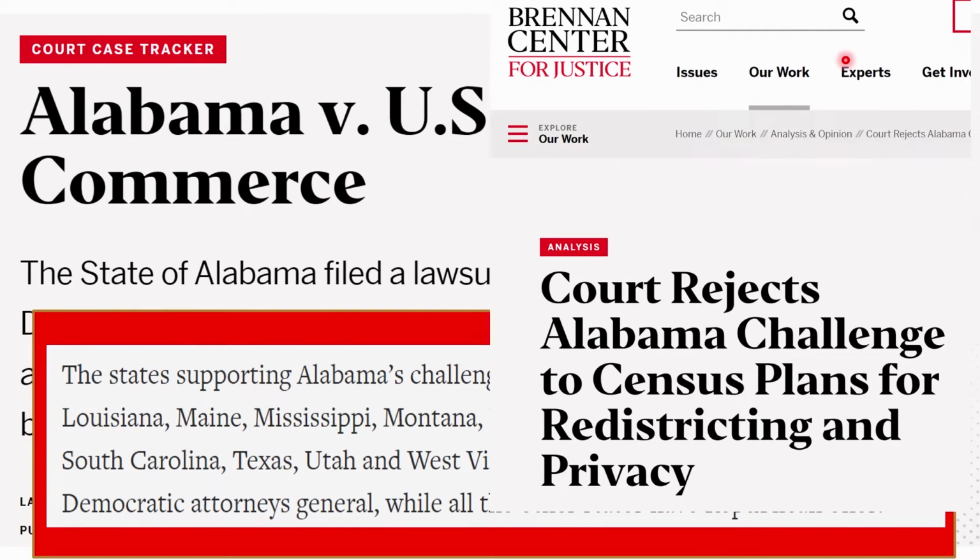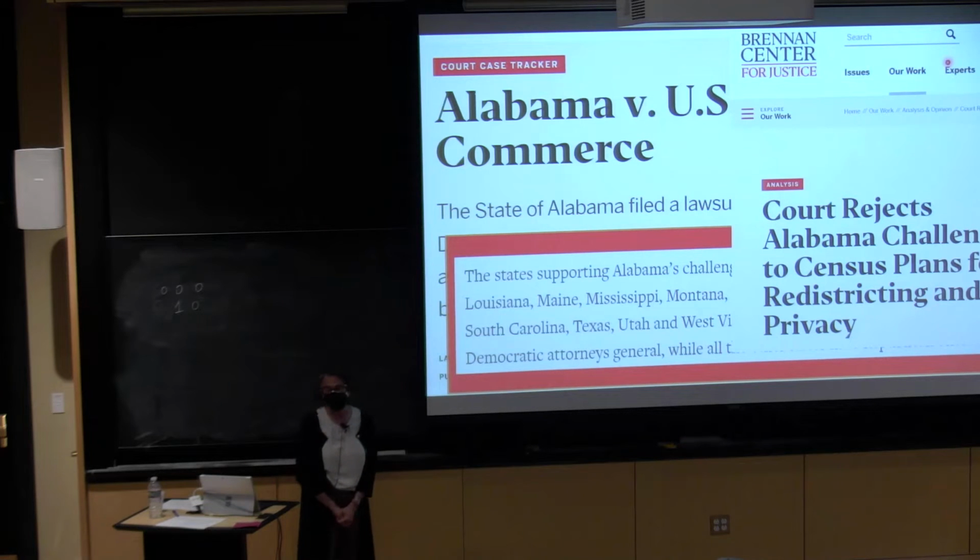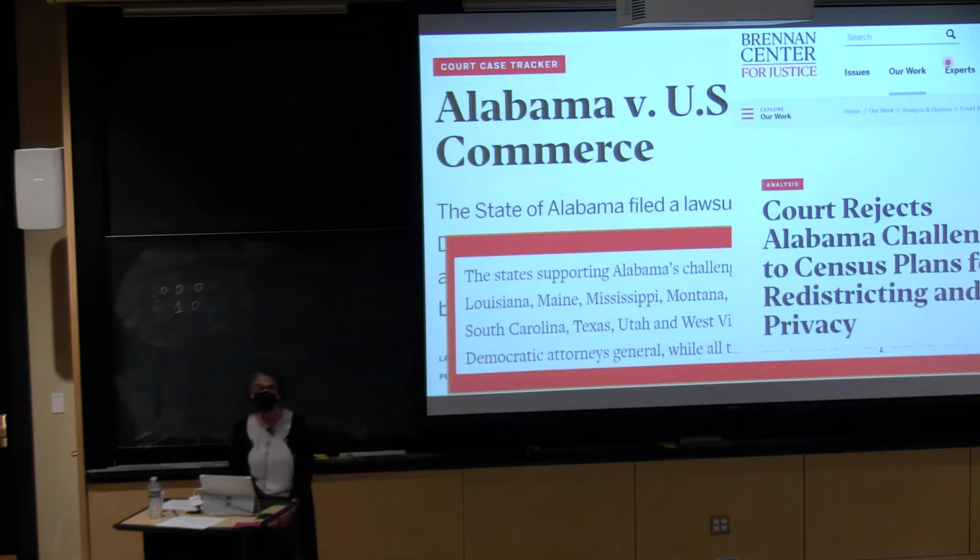So the court rejected Alabama's challenge, and that judge actually accused the plaintiffs of shape-shifting. We expected this to be appealed to the Supreme Court. It was not, possibly because the language in the decision was so strong.